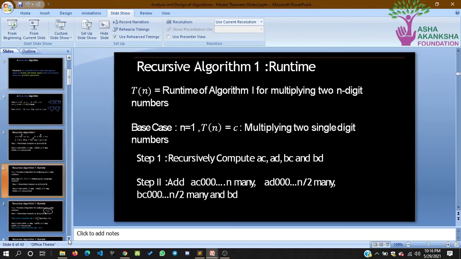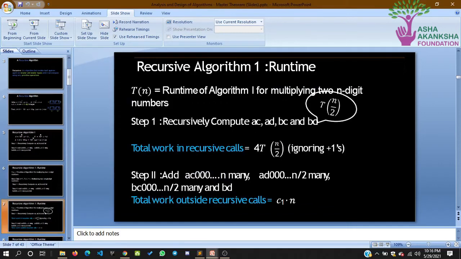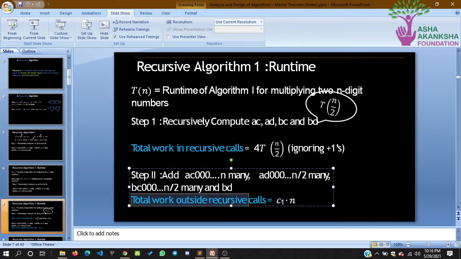So in addition, in the worst case, there are n numbers to be added. So you can just take c1 into n for the addition part, and this is the total work done outside the recursive calls.